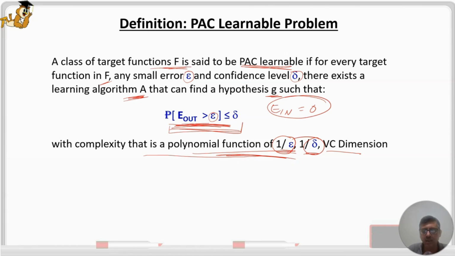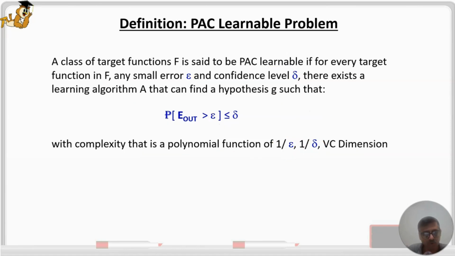PAC learnable. A problem is PAC learnable. What is PAC learnable? The problem is PAC learnable, and the problem means the class of target functions that you are trying to approximate, right? So this is the definition of the PAC learnable problem. It maps exactly to what we saw earlier, but this is the formal definition, and that's the reason I thought I should share it over here.